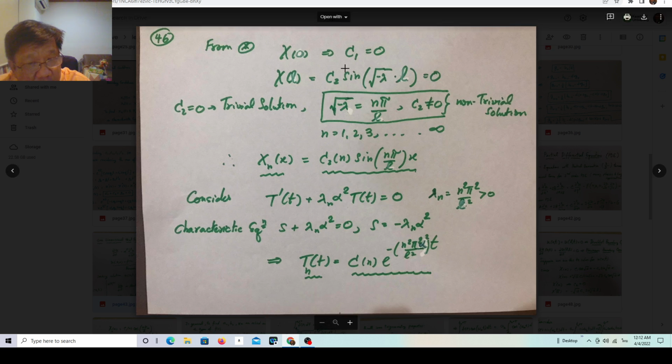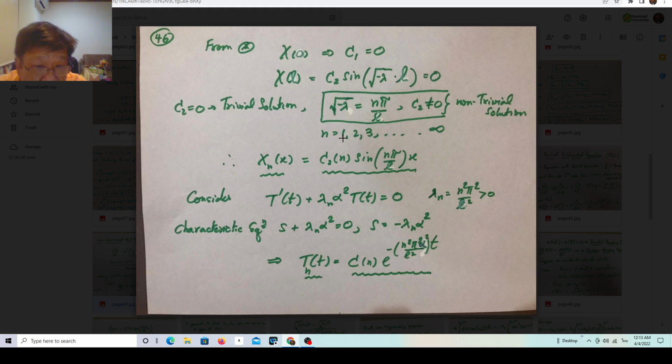This boundary condition holds. Therefore, the general form of the capital X function in the domain x is equal to c sub 2 times sine of n pi divided by L times x, when n is equal to 1, 2, 3 to infinity.